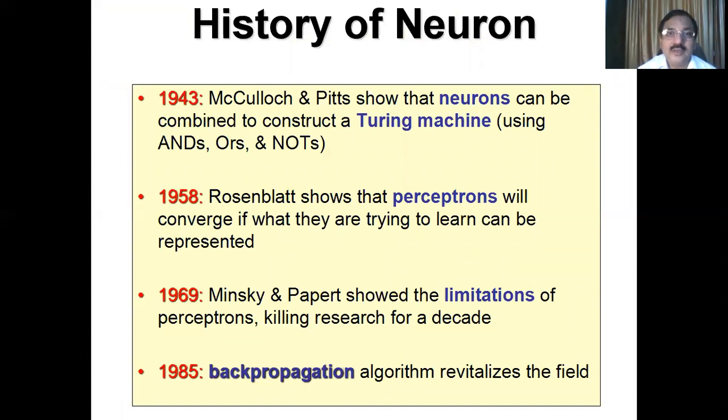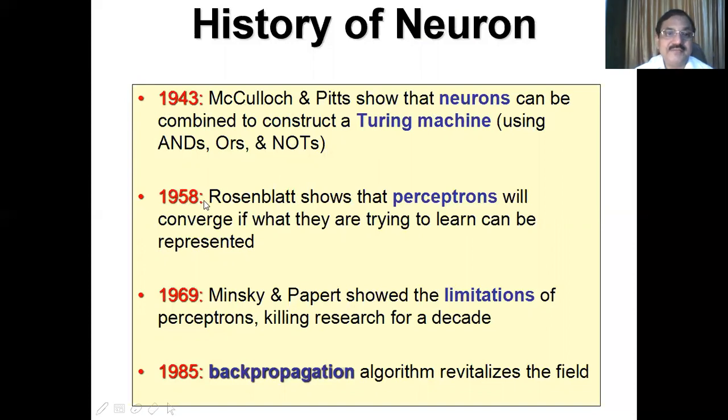On the basis of this natural, biological neuron, attempts were made to develop the artificial neuron, and the process started long back. In 1943, two scientists, McCulloch and Pitts, showed that neurons can be combined to construct a Turing machine using logic gates, ANDs, ORs and NOTs.